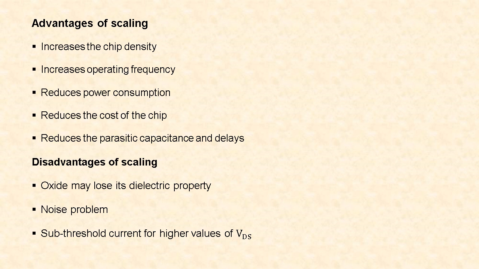The carrier in the channel can be increased by increasing VDS voltage, and also potential barrier can be reduced even with VGS less than VT, that is the threshold voltage. Thus, resulting current through the channel for higher values of VDS, and this current is called subthreshold current.